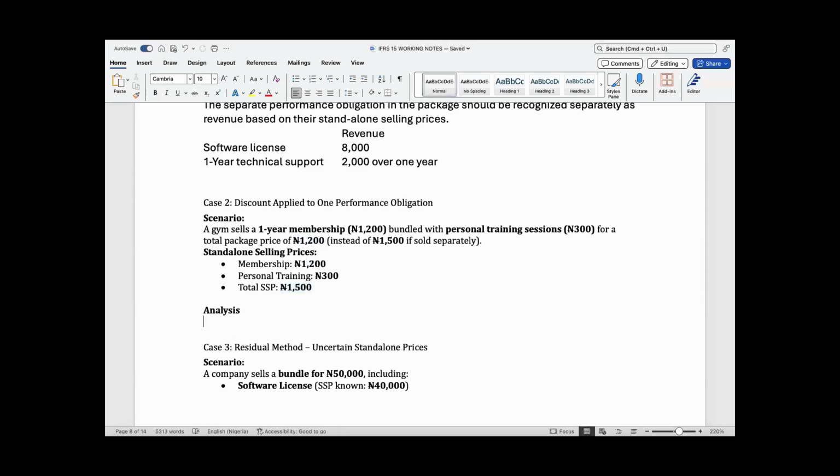Again, the separate performance obligation within the bundled services should be recognized separately as revenue.